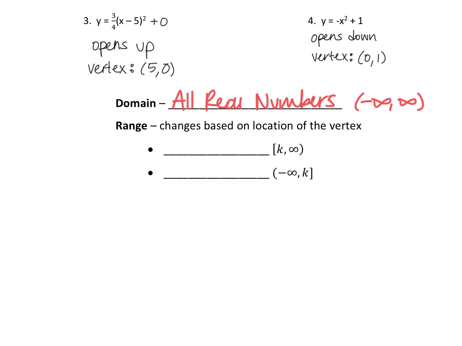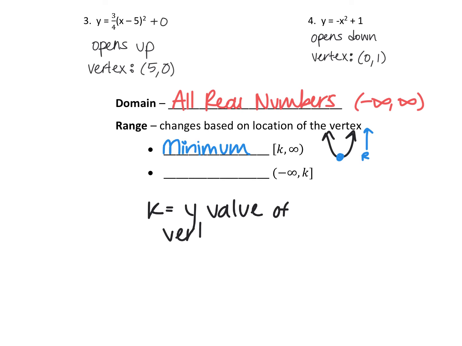So if my vertex is a minimum, meaning that the parabola opens up and it's at the bottom, then my range goes from right here up, from that k value to infinity. So this is when the k is the y value of the vertex.